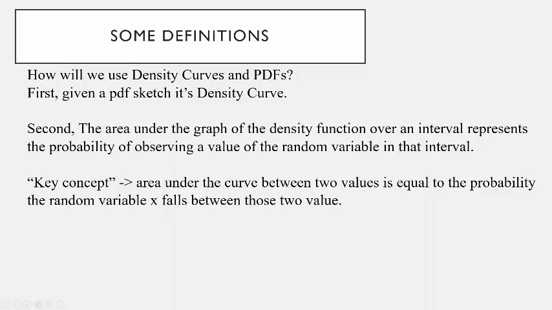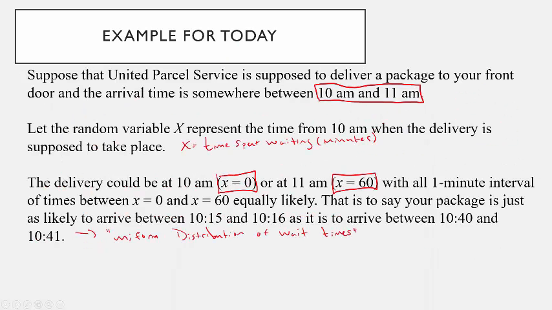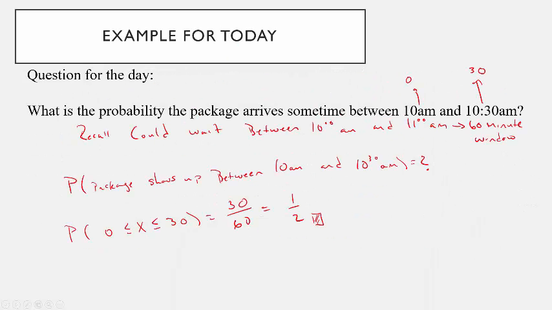So what's going on here? If you think back, I want to find the probability the random variable x is between two values, in this case between 0 and 30. What I'm going to do here is find the density curve for this random variable x. And then the area under the curve between these two values should be the probability that I observe x between these two values.